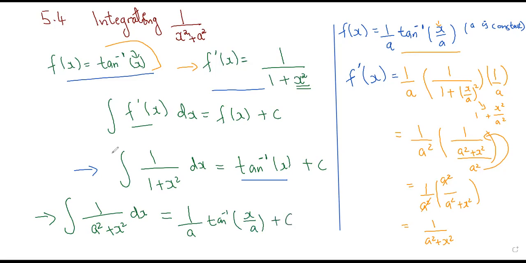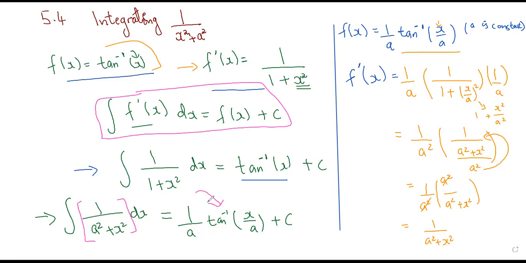Again, we are using the same concept, but now things would be very, very direct. Whenever you come across a question where the expression looks like 1 over a square plus x square, we will discuss the examples, your integral would be of this form. So all you need to do is be observant and identify the type of question.